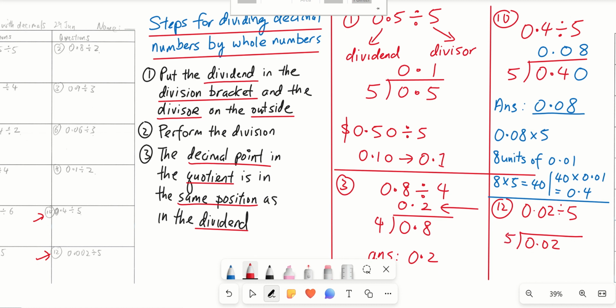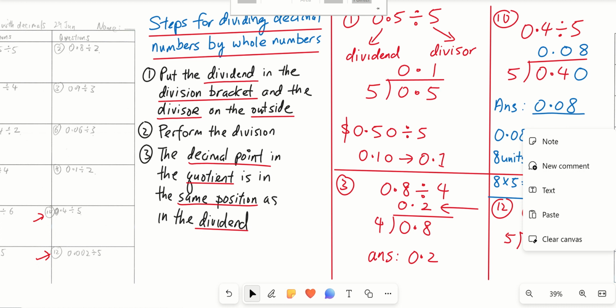Again, 5s go into 0. 5s go into 0. And 5s do not go into 2, which creates a remainder of 2. Now I'm going to combine the 2 with an extra 0 behind the 2. It doesn't affect the result. All right. So here we go. How many 5s go into 20? That is 4. So the answer is 0.004.